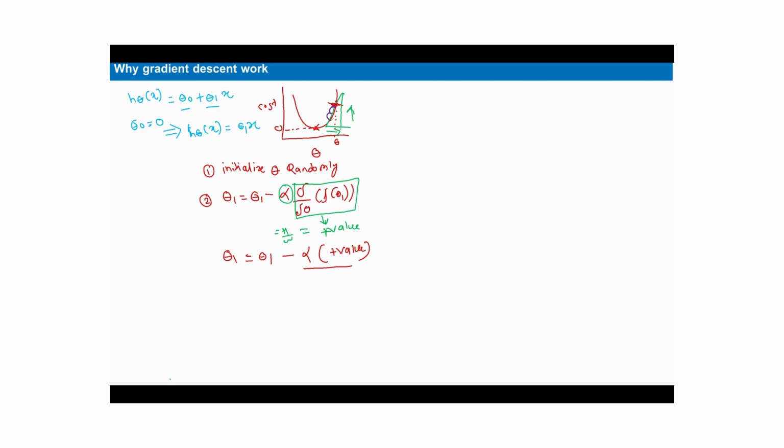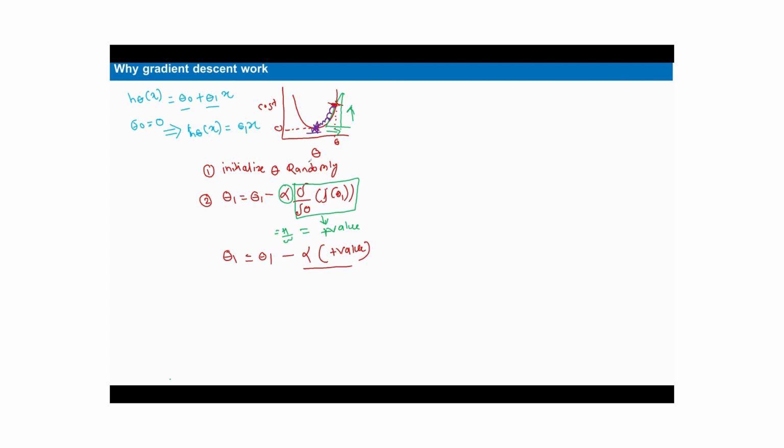It will continue these steps until it reaches this point. Once our theta 1 is updated to this value where the cost becomes 0, what will happen? Here again we compute theta 1 equals theta 1 minus alpha times the derivative of the cost function.